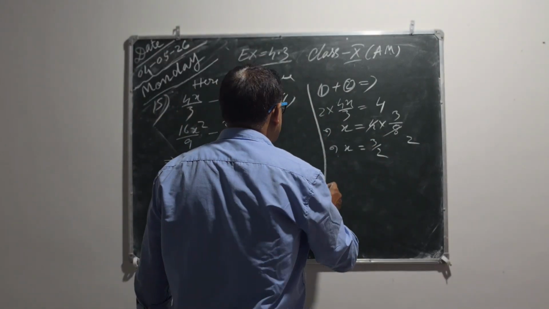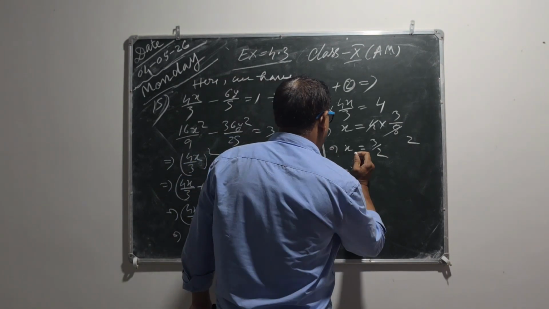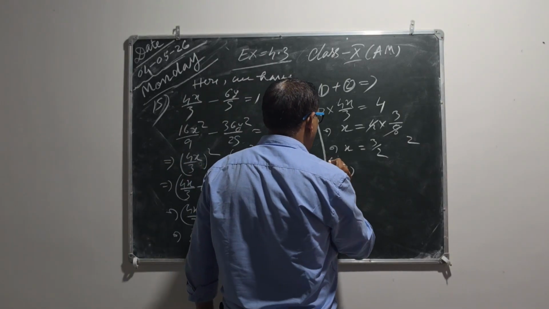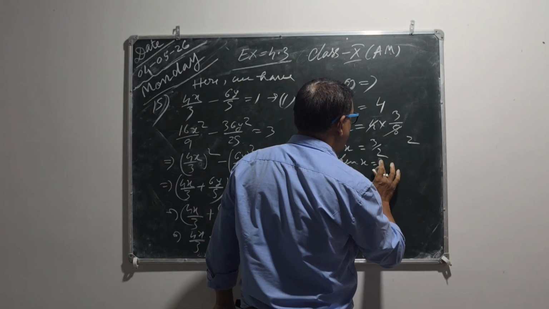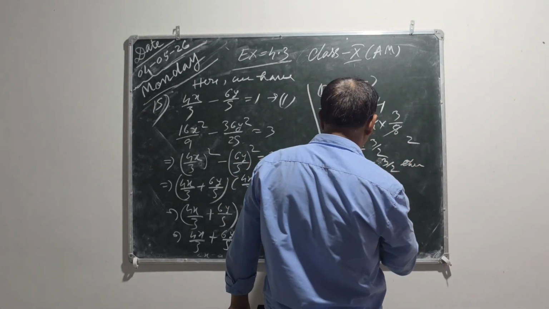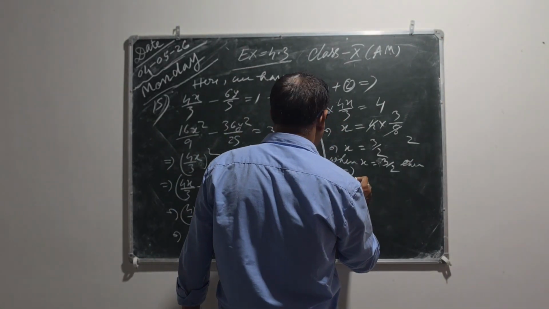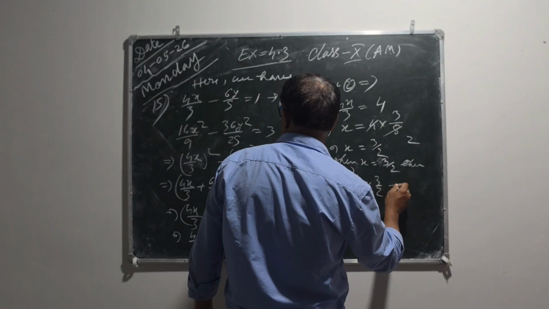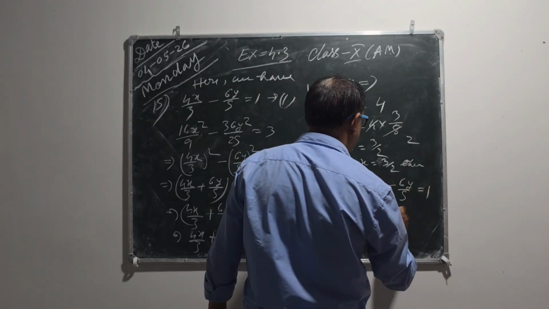So let us simplify number 1 now. When x equal to 3 by 2, then 1 implies x replaced by 3 by 2, then it will be 6y divided by 5 equal to 1.